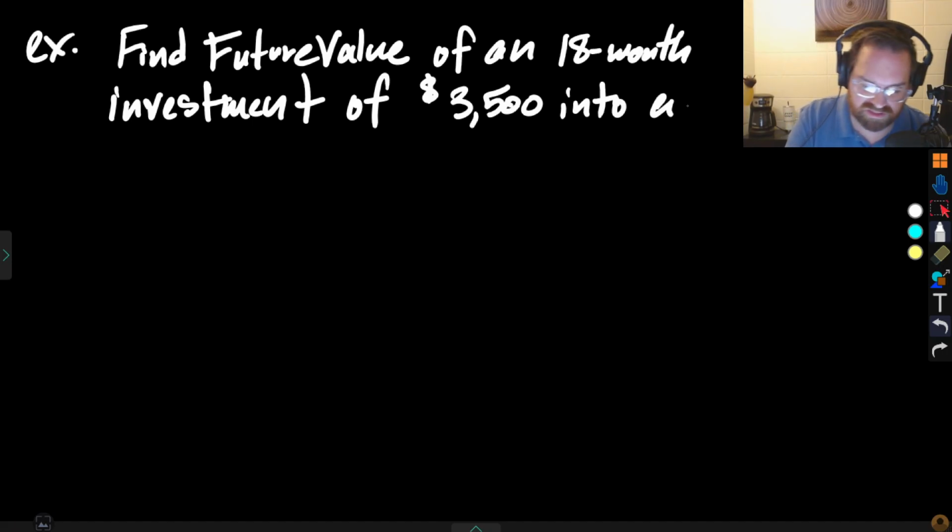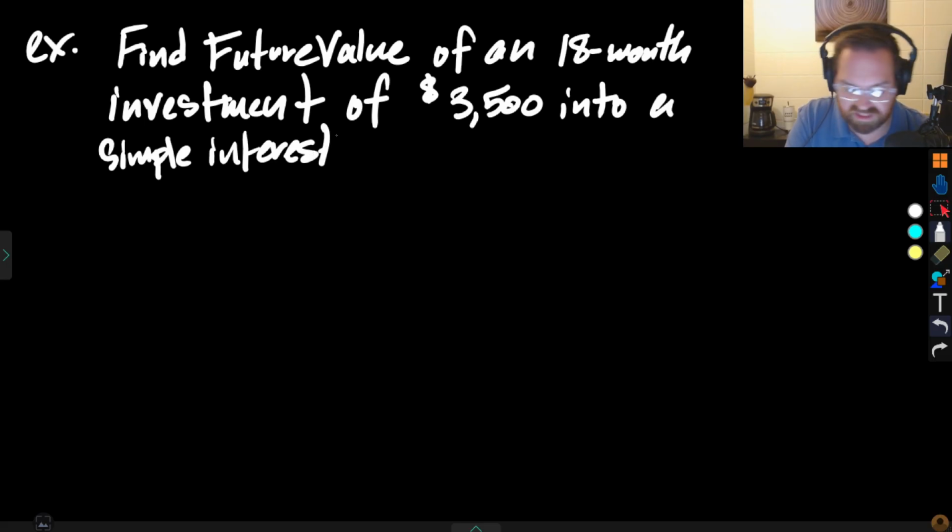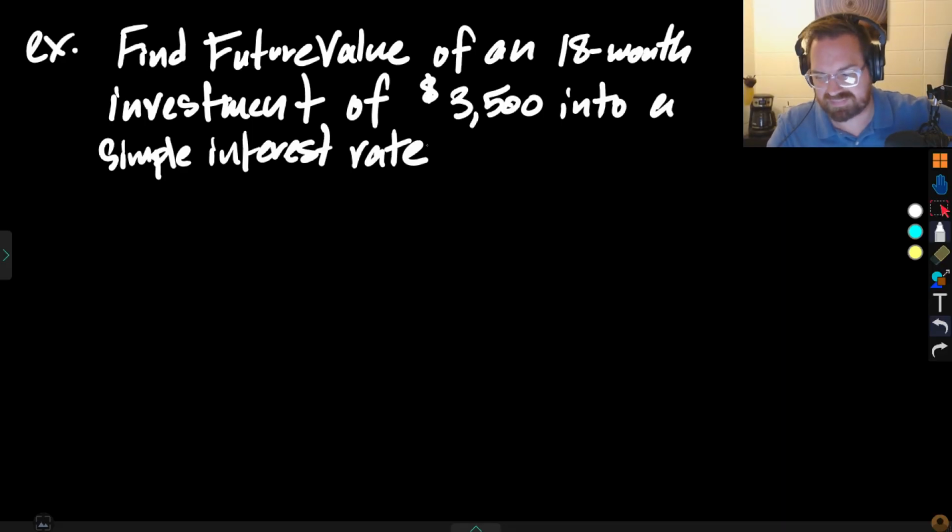So we're putting this into a simple interest account. By the way, most of these accounts, this is again for examples. The next session that we'll talk about is 4.2, and we're going to be talking about compound interest. It's a little different, but most things operate on a compound interest basis. It's not simply just simple interest.